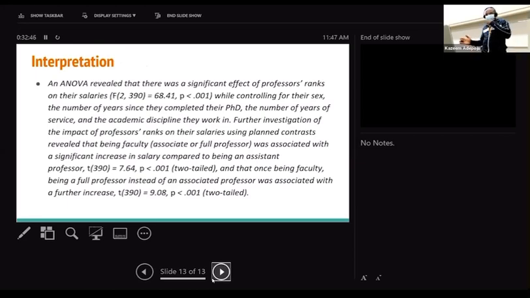And of course, ANOVA revealed that there was a significant effect of professor rank on their salaries. That was what we got before in the previous ANOVA table. And while controlling for their sex and the number of years since they completed their PhD, controlling for them is like adjusting for them. It's like incorporating covariates.